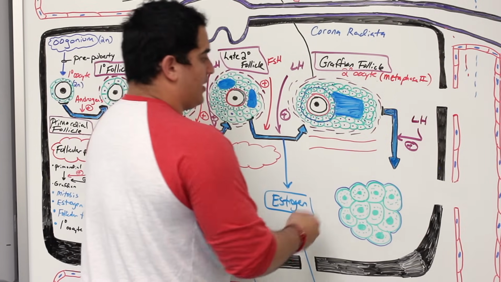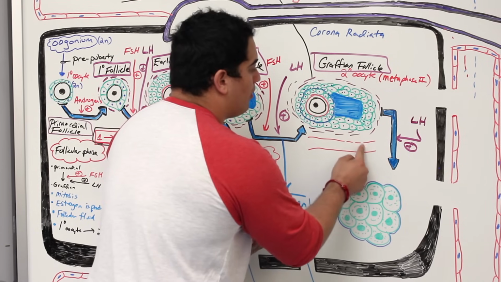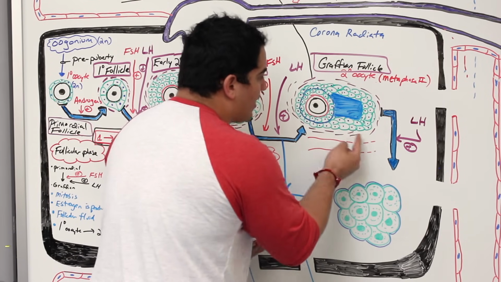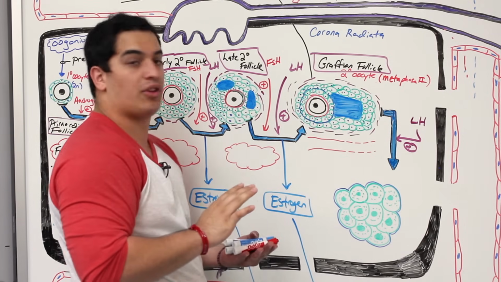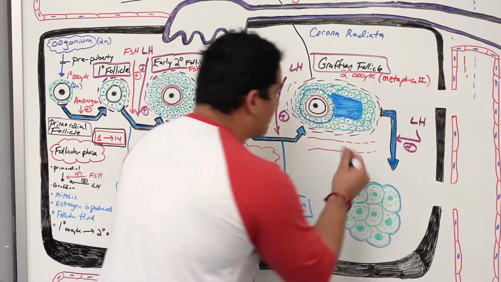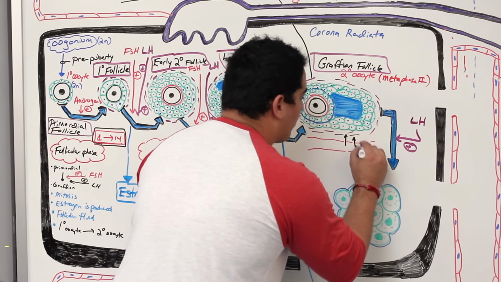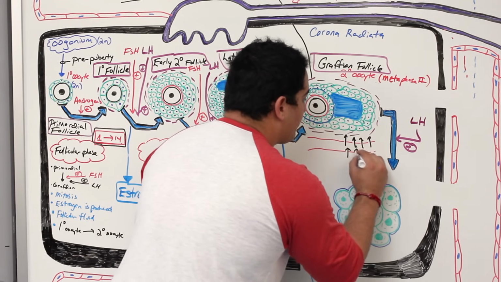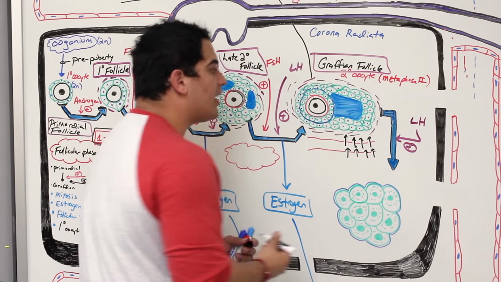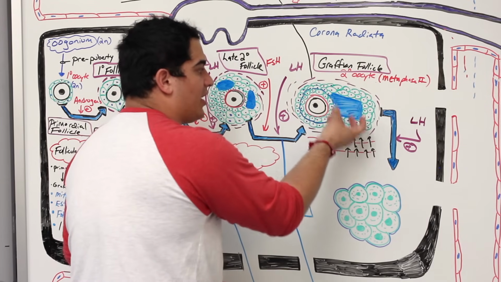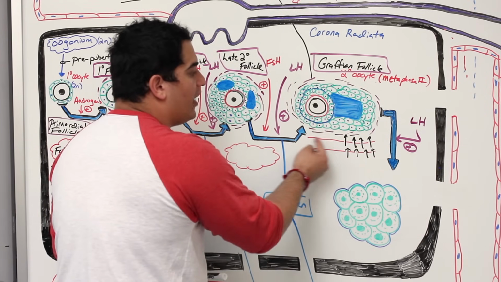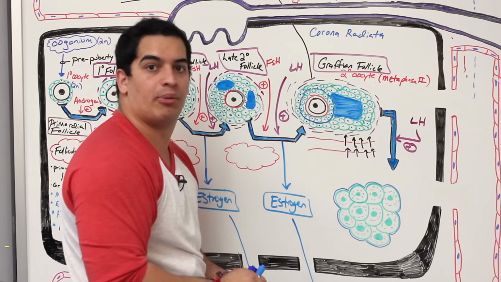What LH does is it increases the blood flow and permeability to this part of the Graafian follicle. If it applies a lot of vascular permeability to this part of the follicle, what happens? You start producing a lot of follicular fluid. So this follicular fluid production continues to increase. But over here, there's not a lot of follicular fluid being produced.